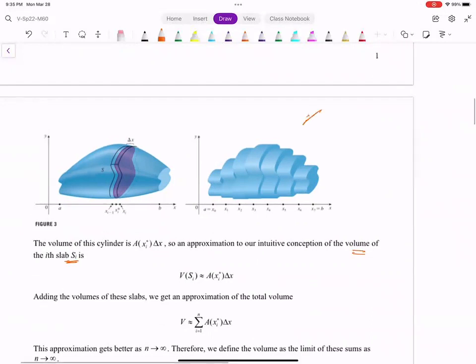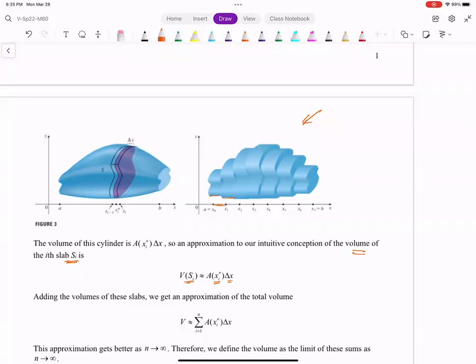Look at this picture. This is the first figure in the first interval, and we have the second interval and the second cylinder there, and then the third interval, the third cylinder, and so on. For each one of them, we are going to find the area multiplied by the thickness, and we add them all.